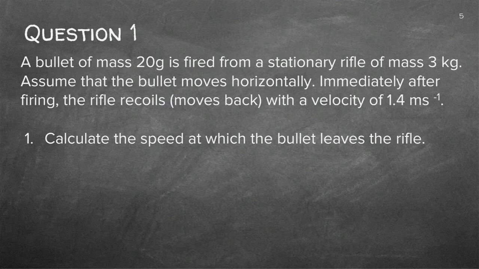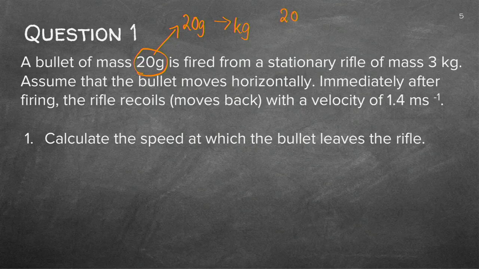Let's jump to a question. A bullet of mass 20 grams. I don't even want to see you reading further. Immediately know I've got to take the 20 grams to kilograms. Immediately do it, because otherwise you'll forget and you'll use that wrong value in your calculations. How do I take grams to kilograms?